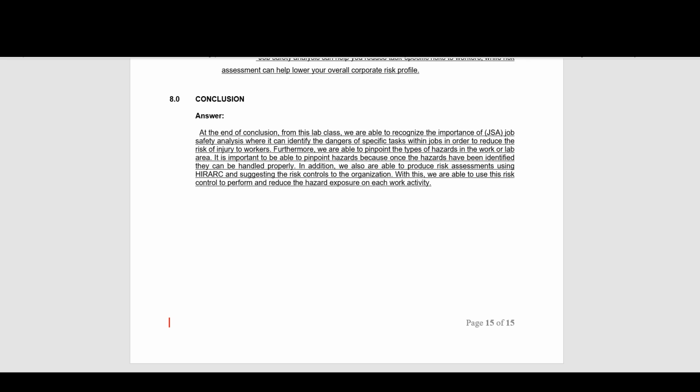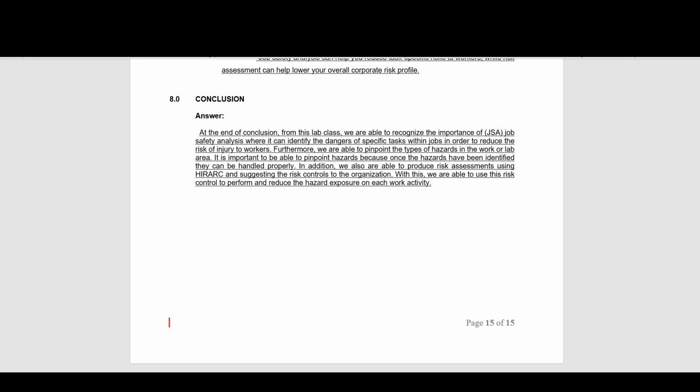Okay, for the conclusion, from this lab class, we are able to recognize the importance of JSA, job safety analysis, where it can identify the dangers of specific tasks within the jobs in order to reduce the risk of injury to workers. Furthermore, we are able to pinpoint the types of hazard in the work or lab area.